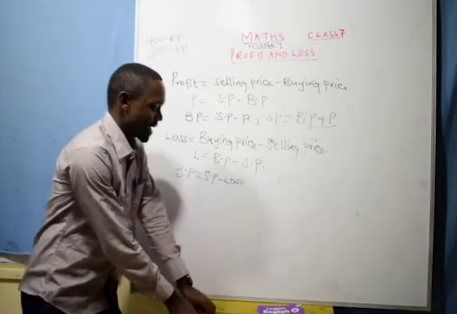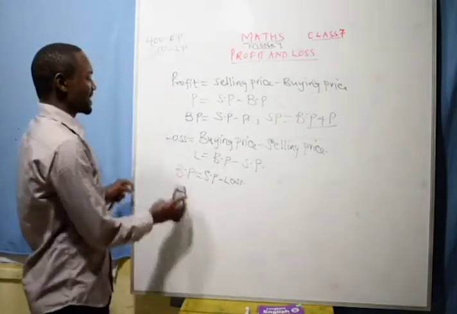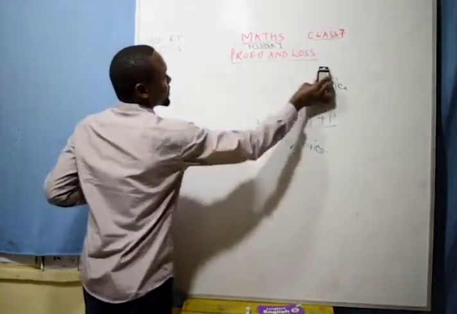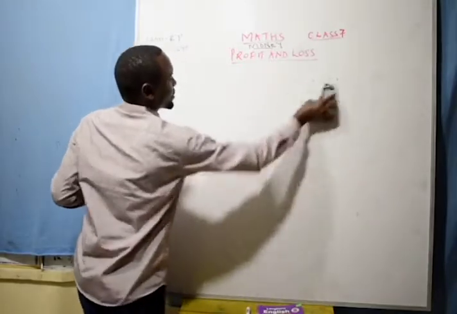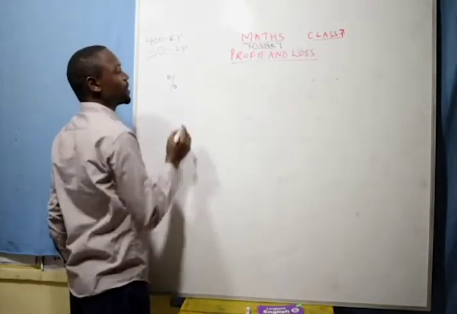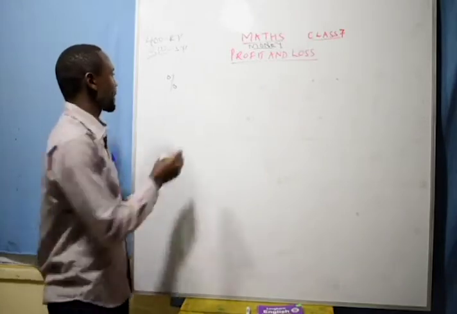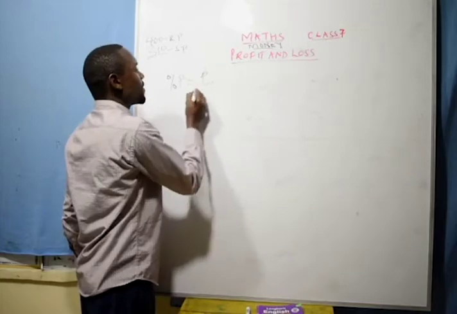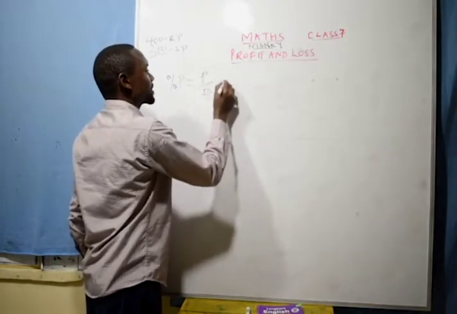How do you get percentage profit and percentage loss? We say for the percentage profit, you're going to be told to express the profit as a percentage. Percentage profit is equal to the profit over the buying price times 100.